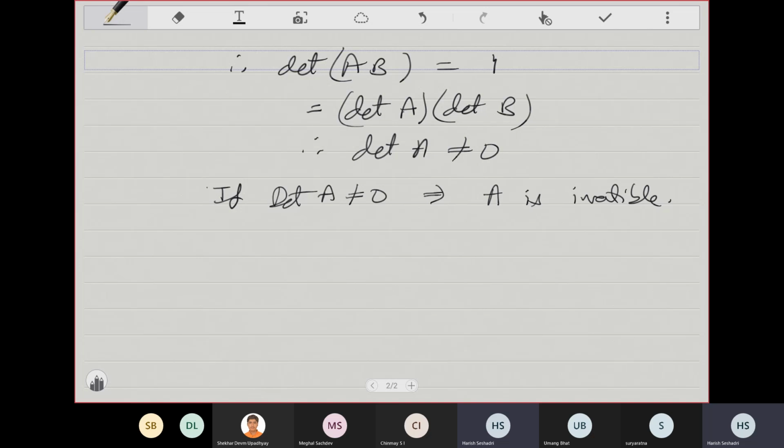Or equivalently, take the contrapositive of this: if A is not invertible, then one would like to show that det A is 0.